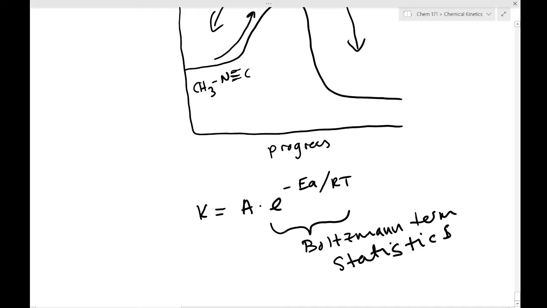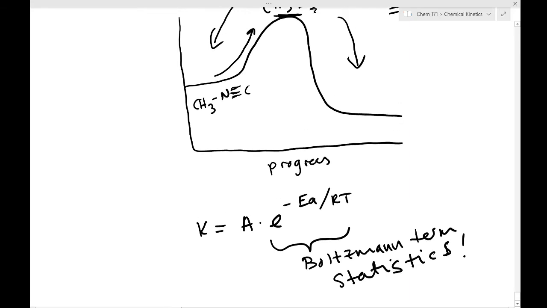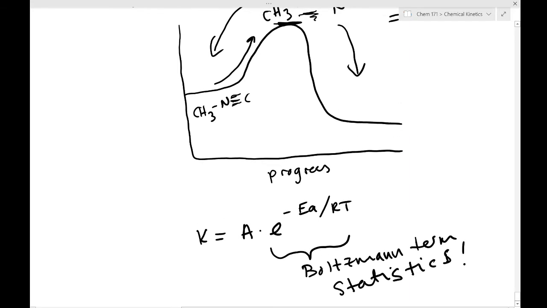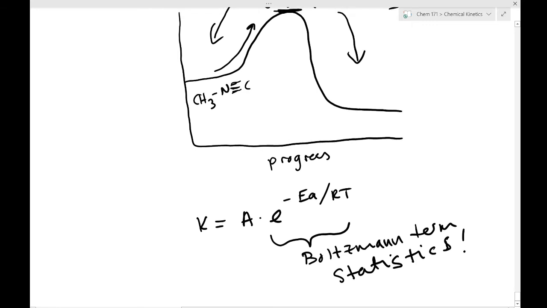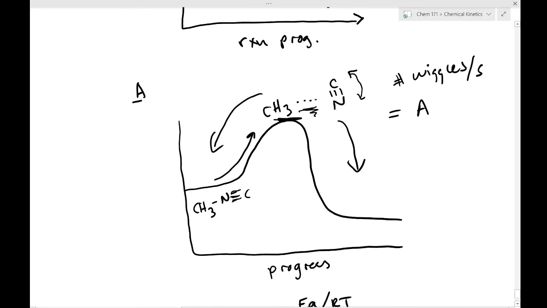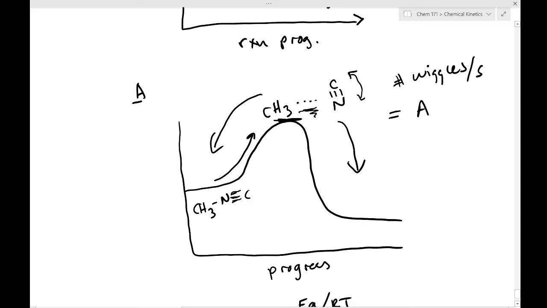As a matter of fact, as you get into higher upper level chemistry courses, you'll be using this Boltzmann factor a lot. It becomes very useful to describe chemical processes using statistical factors rather than just looking at it from a non-statistical perspective.